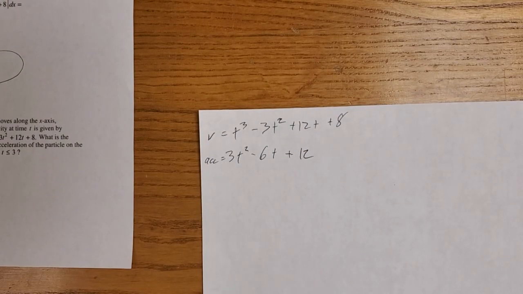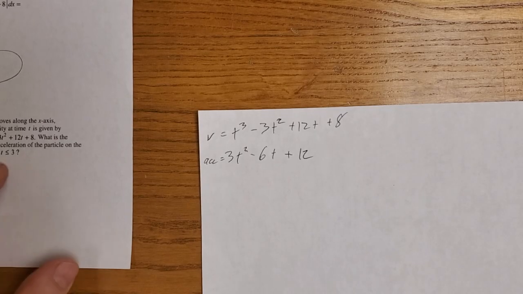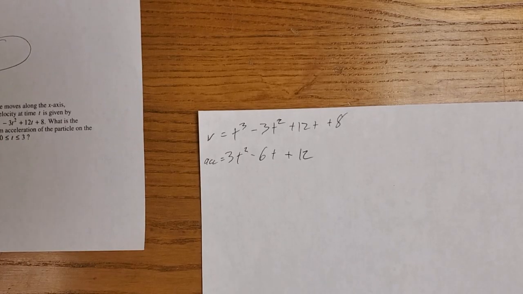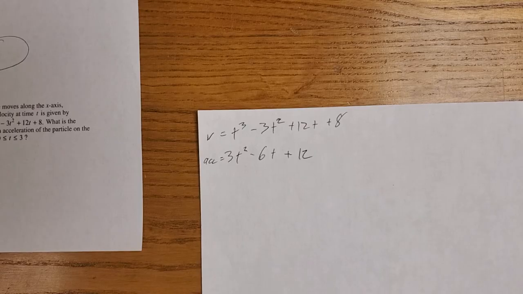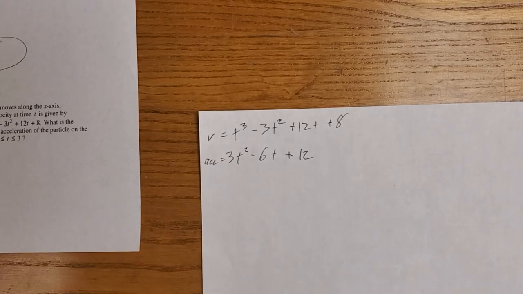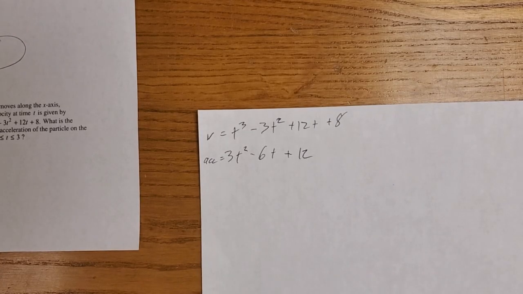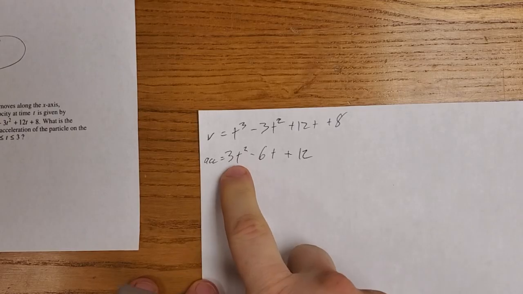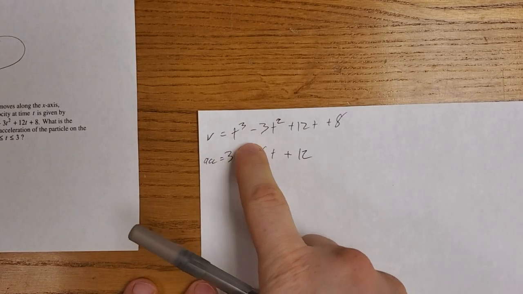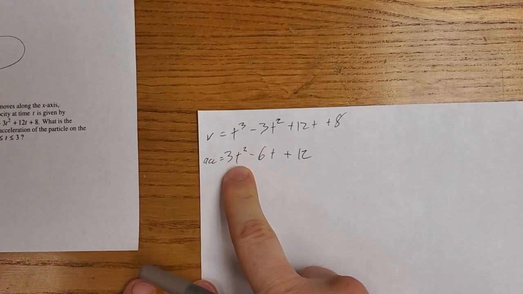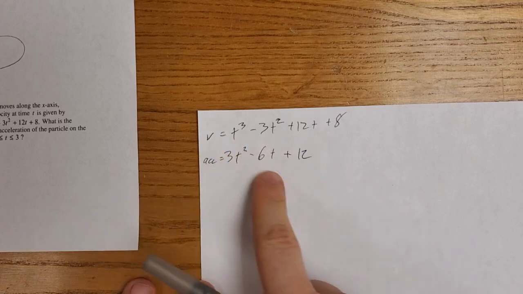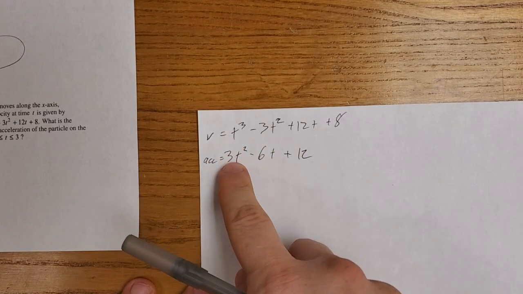And it's saying on the interval between 0 and 3, where is it going to be highest? And we could do a bunch of extra math to maybe try and prove it, but you note that you have a t squared there, so the biggest value out of any of this is probably going to come from there.